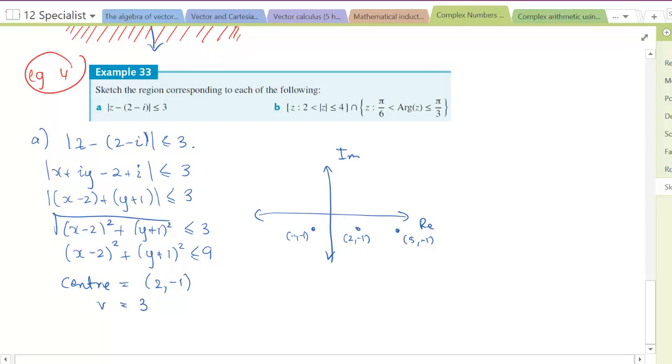And when we add 3 in the imaginary axis, we get 2, 2. And subtract 3, we get 2, negative 4. So if we draw that limit out and realize then it's every value in here meets a given condition.